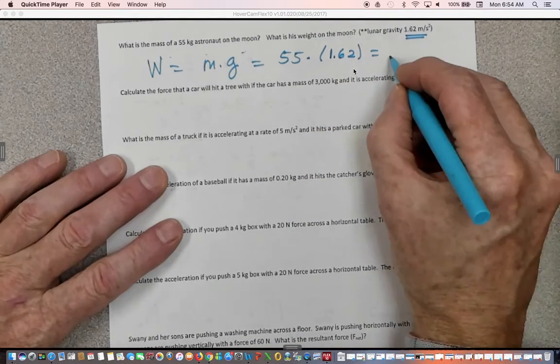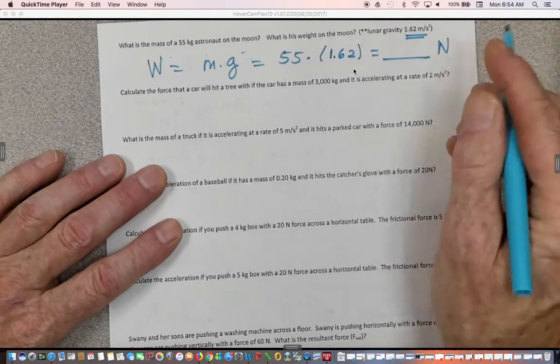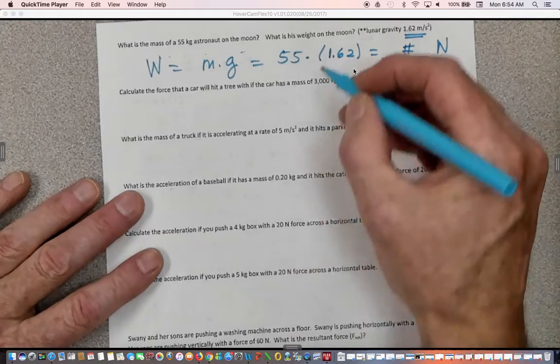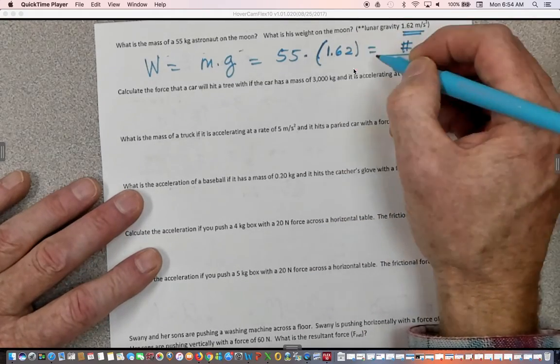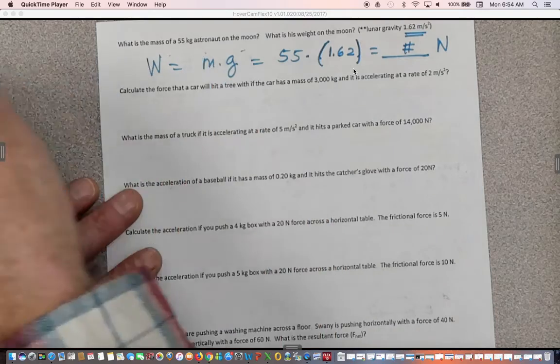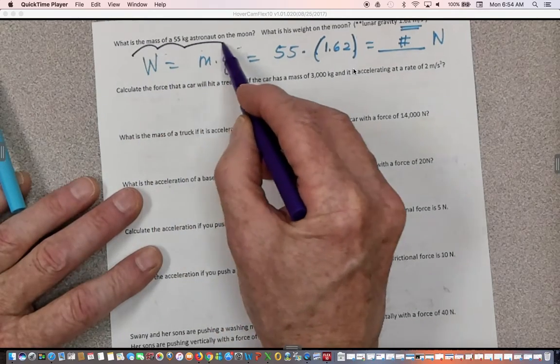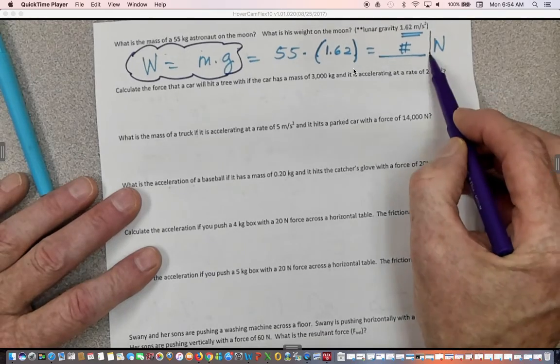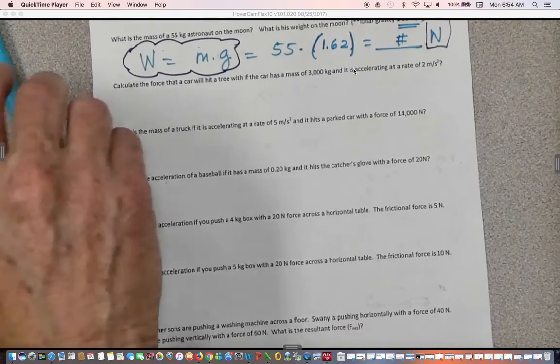And the answer should be newtons because it is a force. We won't worry about the math. Anybody can multiply these numbers together. Right now I want you to understand that first, weight is this formula. Second, the units are newtons. That's the most important thing in this problem.